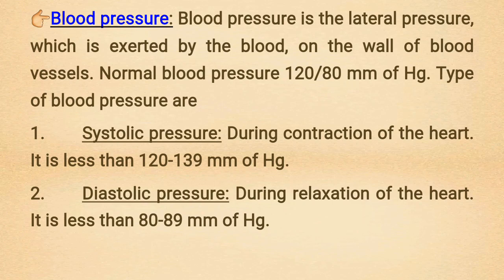Types of blood pressure are number 1 systolic pressure, during contraction of the heart, 120 to 139 millimeter of mercury. Number 2, diastolic pressure, during relaxation of the heart, 80 to 89 millimeter of mercury.